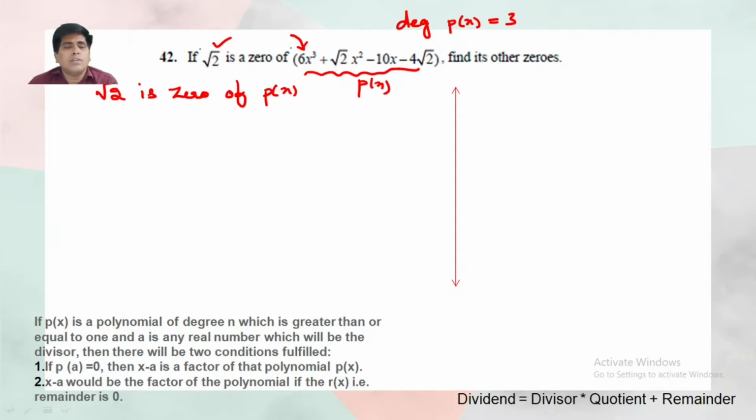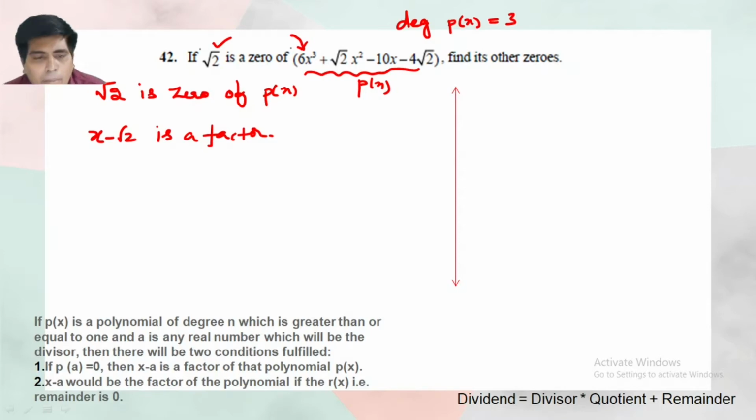When root 2 is a zero of p of x, definitely x minus root 2 is a factor. This is a very important point, that based on this we can reduce it to the quadratic polynomial.